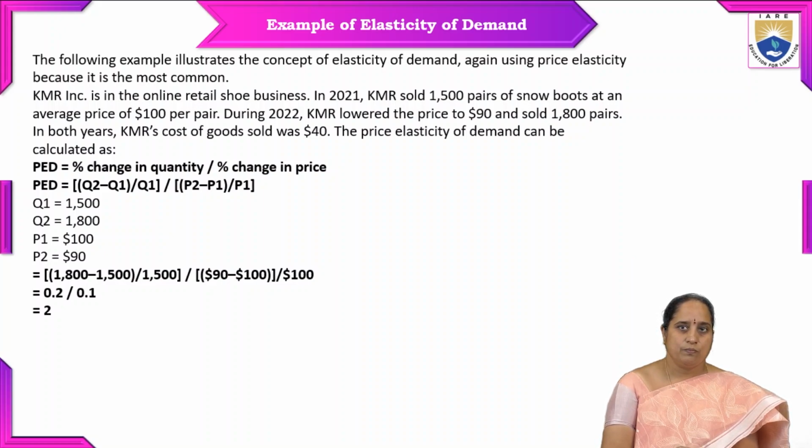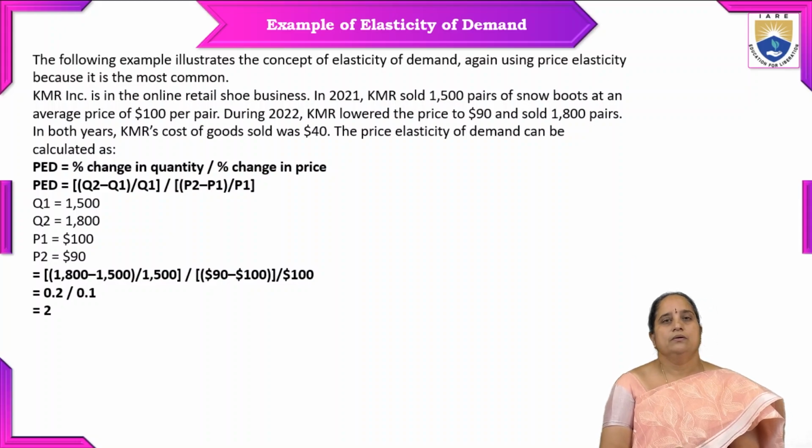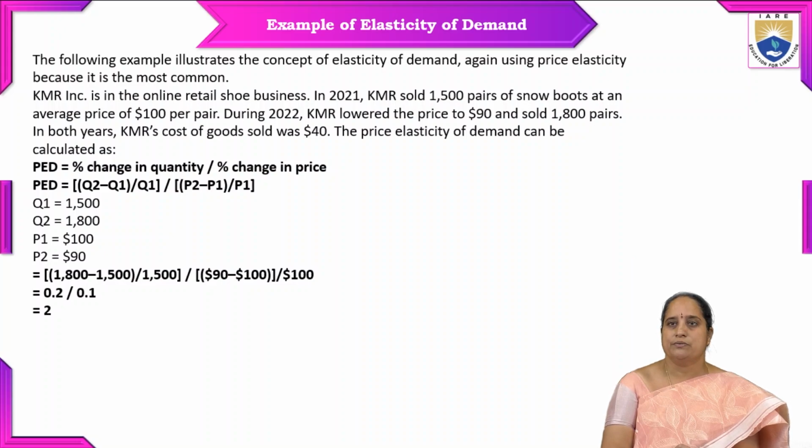KMR Incorporation is in the online retail shoe business. In 2021, KMR sold 1500 pairs of snowboards at an average price of $100 per pair. During 2022, KMR lowered the price to $90 and sold 1800 pairs. In both years, KMR's cost of goods sold was $40.